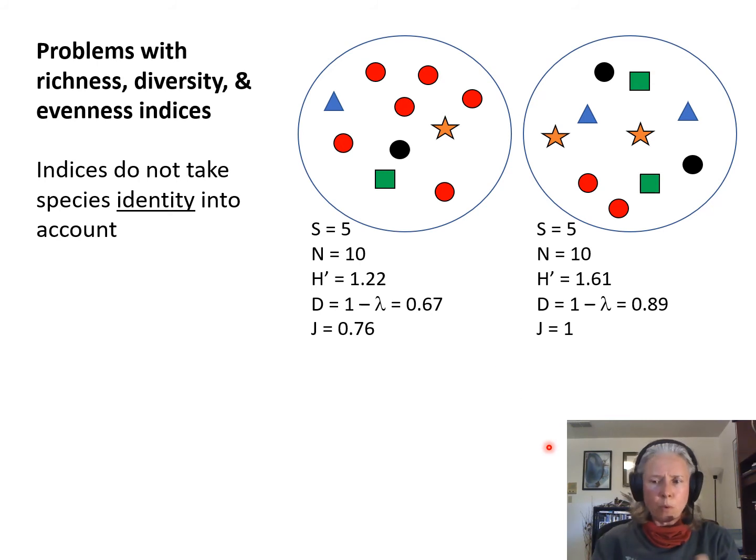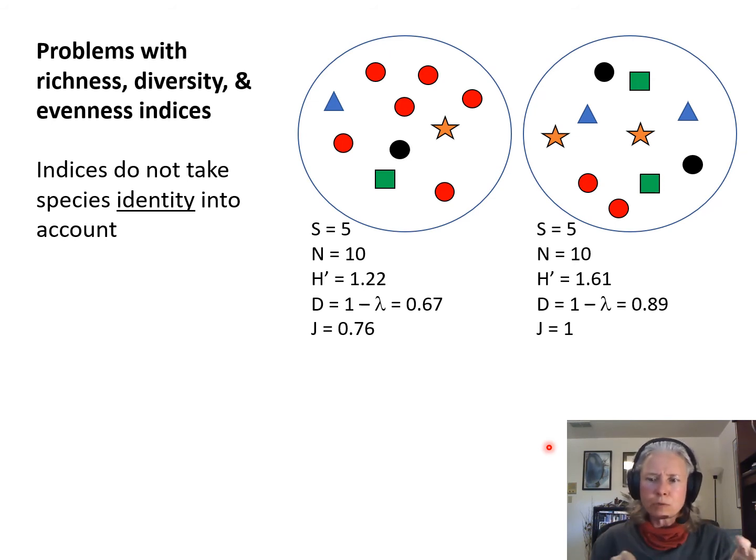So that's important if you're dealing with invasive species or exotic species. If you only pay attention to numbers, then that means that quantitative diversity measures may not differ between communities, and yet the communities themselves may differ profoundly in the ecosystem services that they provide if you have an invasive species or an exotic species that replaces a native species.